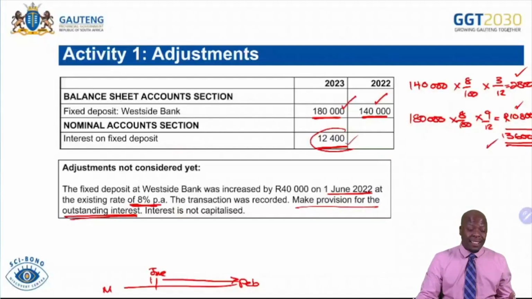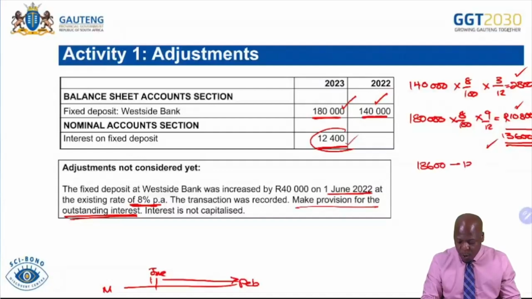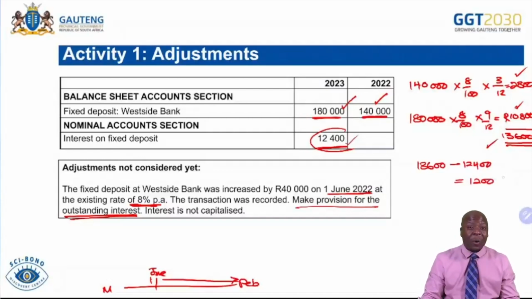So there is some money that we have not yet received. How much is that therefore? We are simply saying the difference between what we have earned, which is 13.6, and what we have received, which is 12.4, gives us an amount of 1,200. This is our interest that is outstanding.